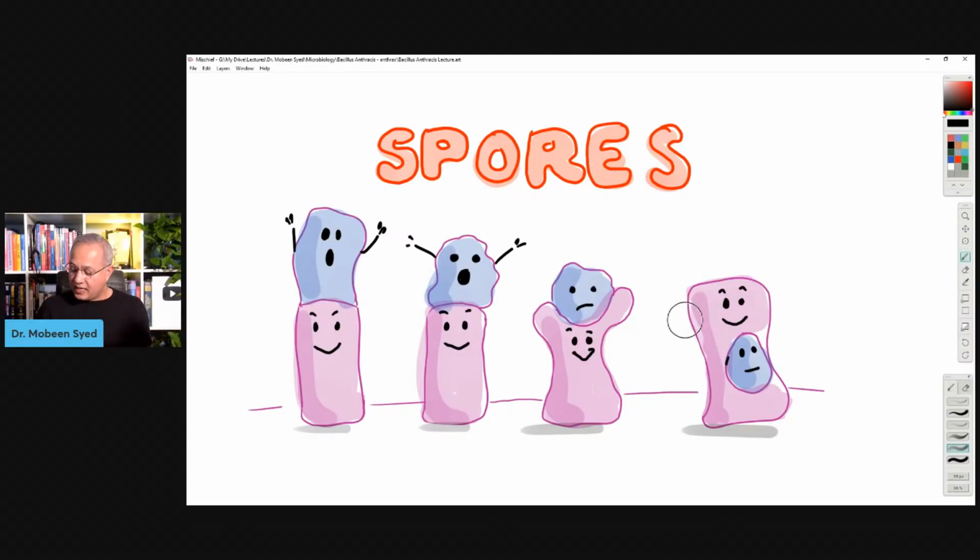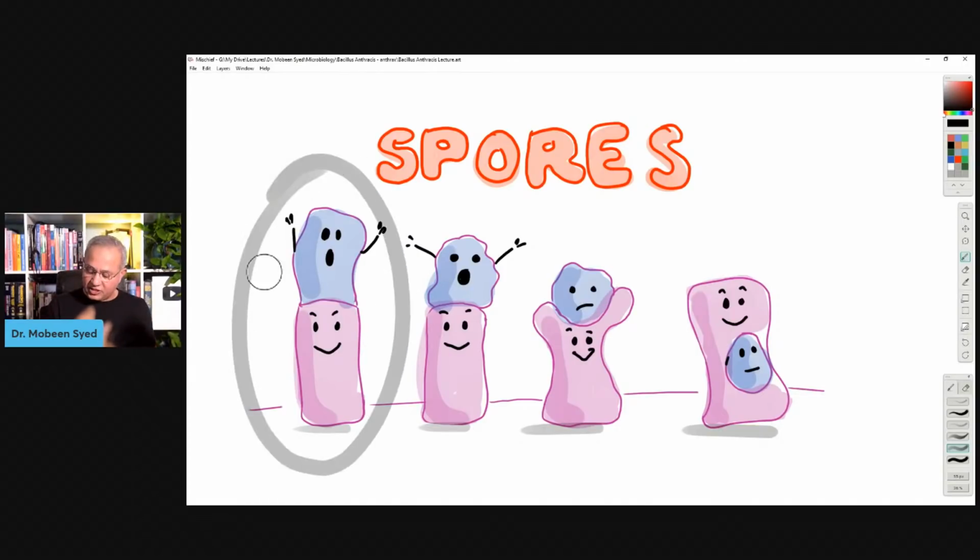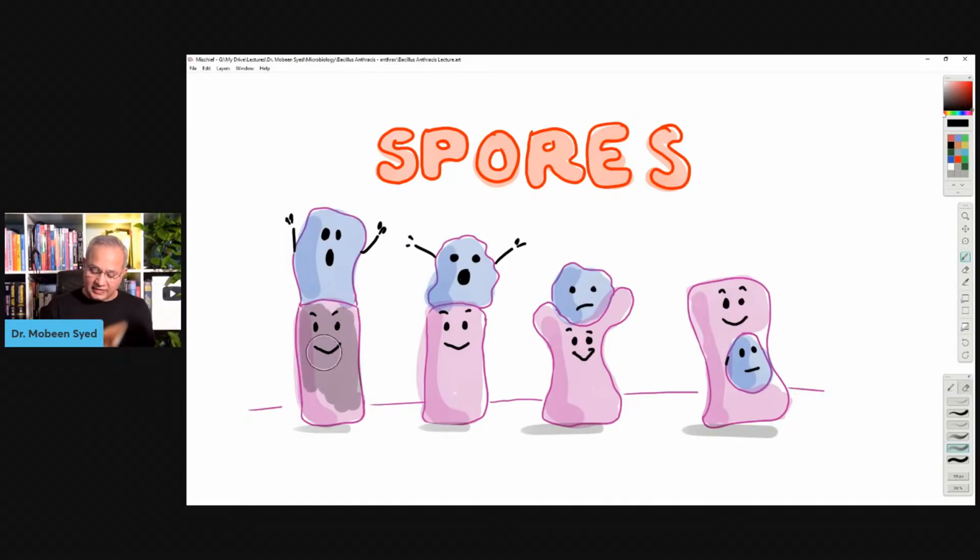Okay. Now, how does a spore form? So look at this one over here. This on the left side, the pink one, is, let's say, one Bacillus anthracis. This is another bacillus. Now what happens is one of the bacilli starts losing water, or starts becoming spored. Spore formation starts occurring.